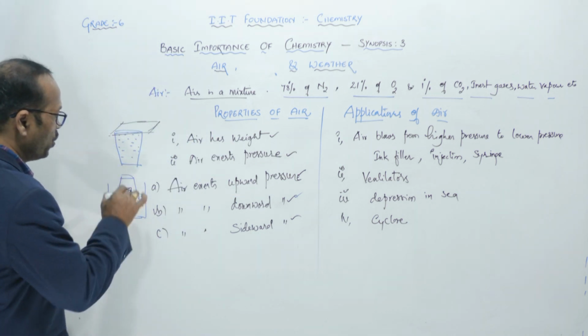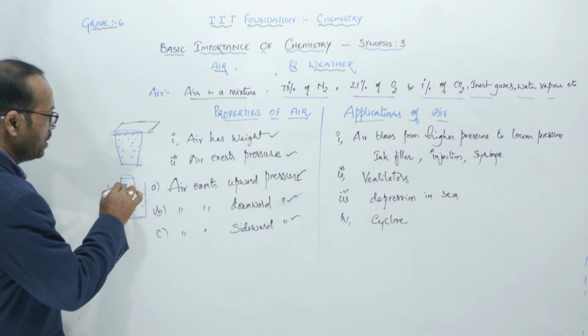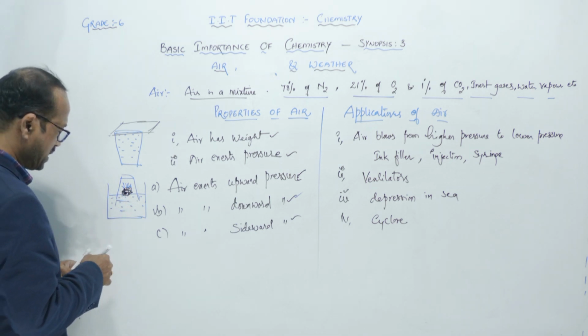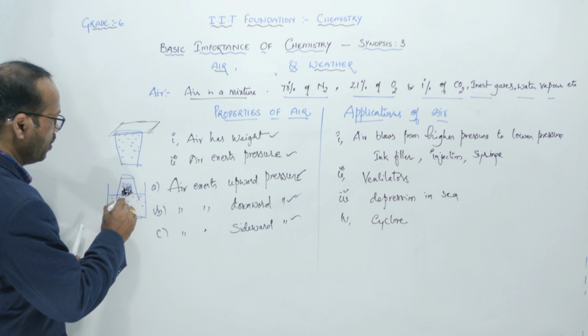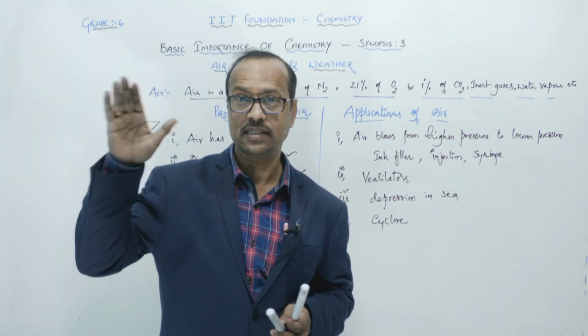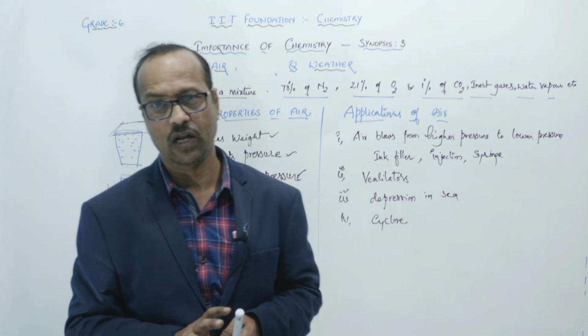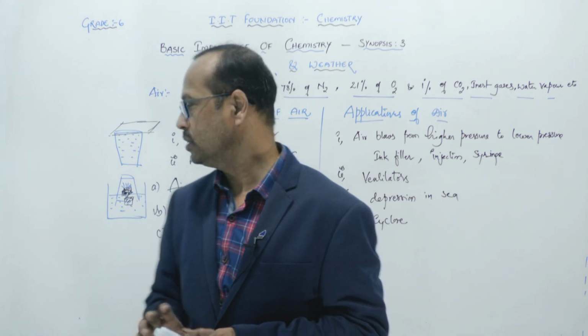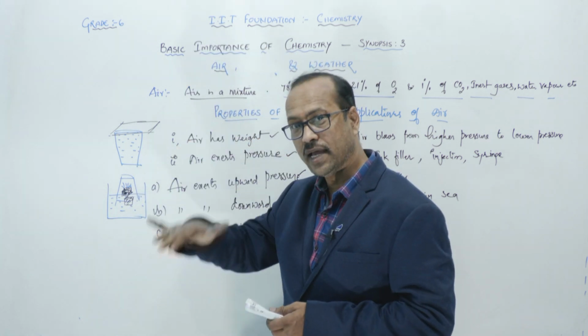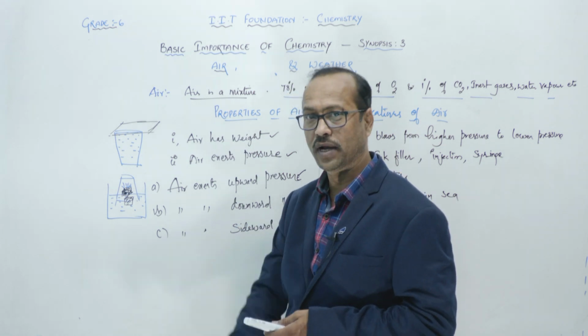When you apply the force, the air inside exerts force on this wooden block. So now what happens? This wooden block comes down, means it will dip inside the water. So the meaning is that air exerts a pressure from the upper side also. Clear? So here air exerts a pressure in upward direction, and air exerts a pressure in downward direction.